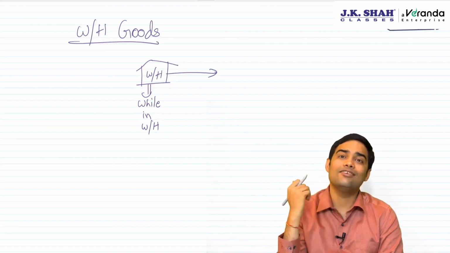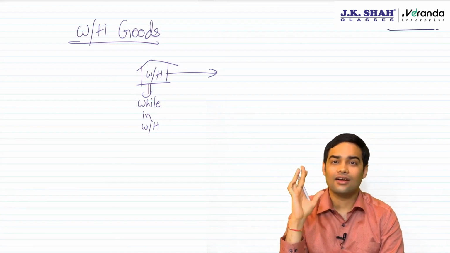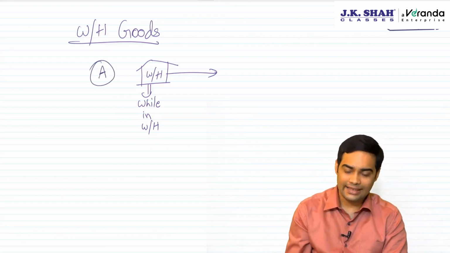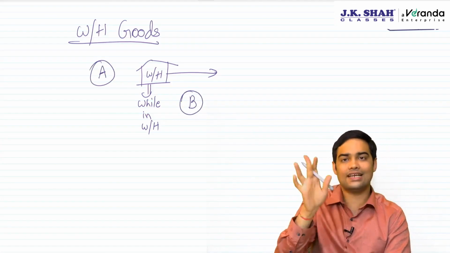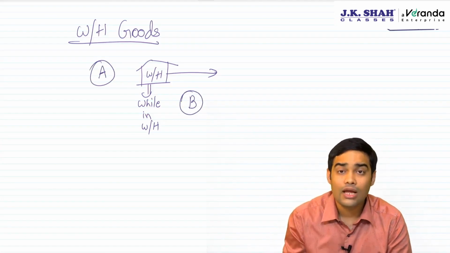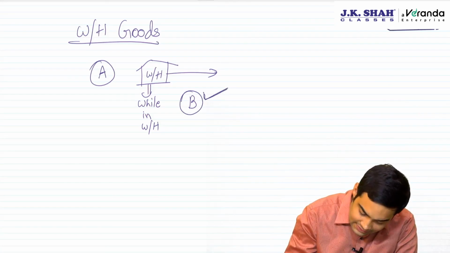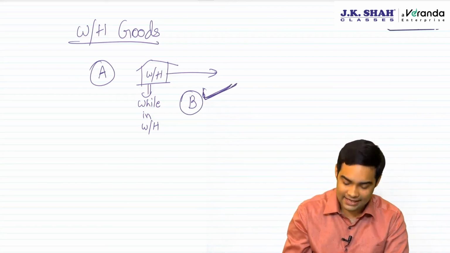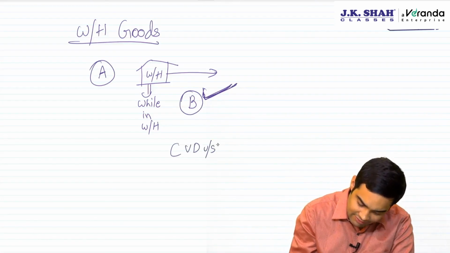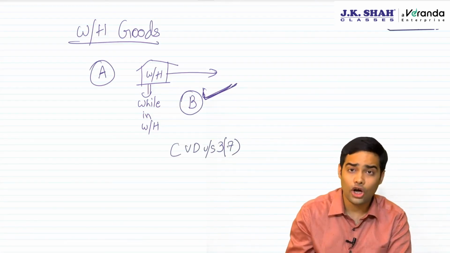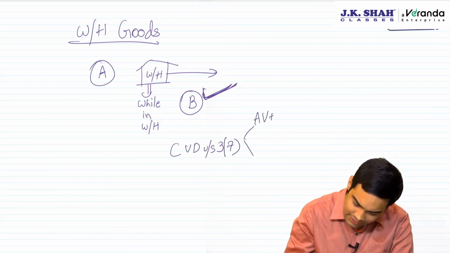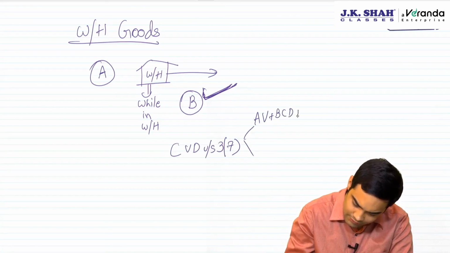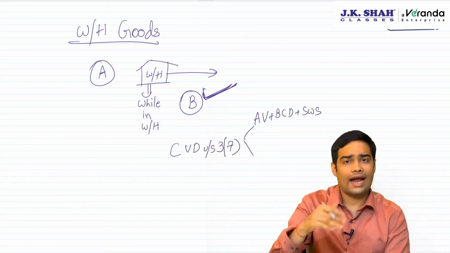But what will be the value for clearing these goods? Say suppose these belonged to A and A has sold them to B. When A is selling to B, there is no GST applicable. But when B is clearing these goods, he has to pay CVD under section 3(7) on assessable value plus basic custom duty plus social welfare surcharge and any other duties.